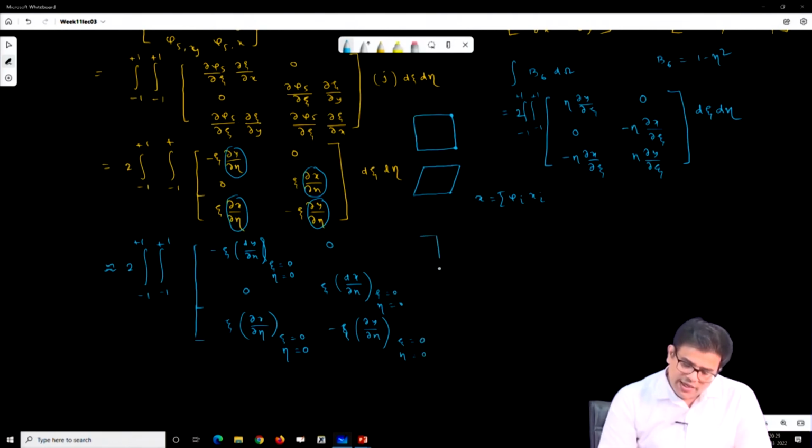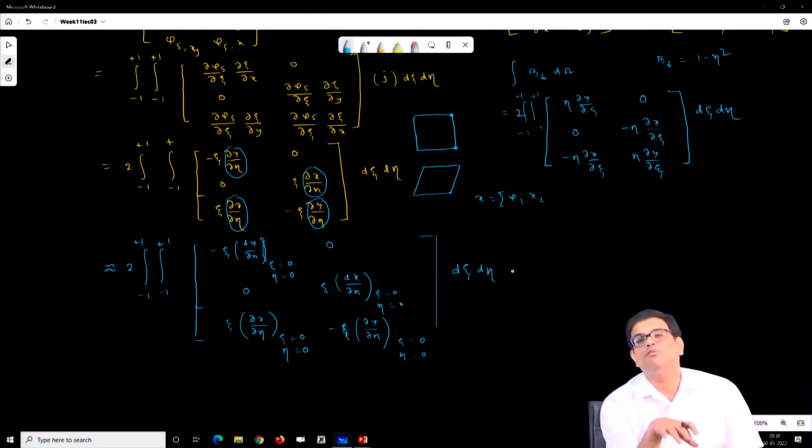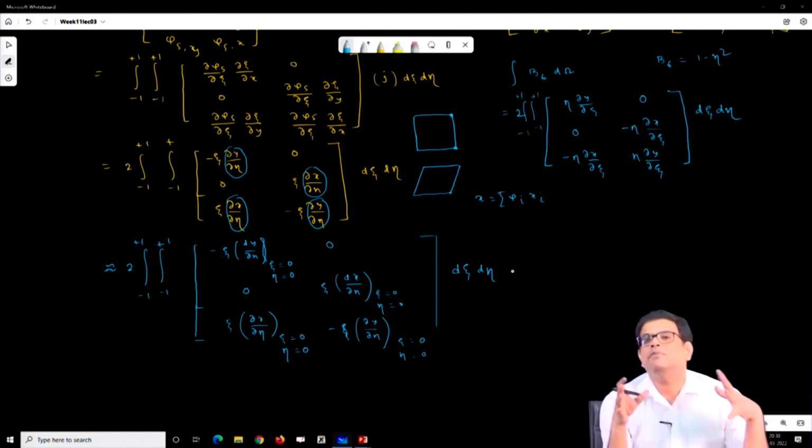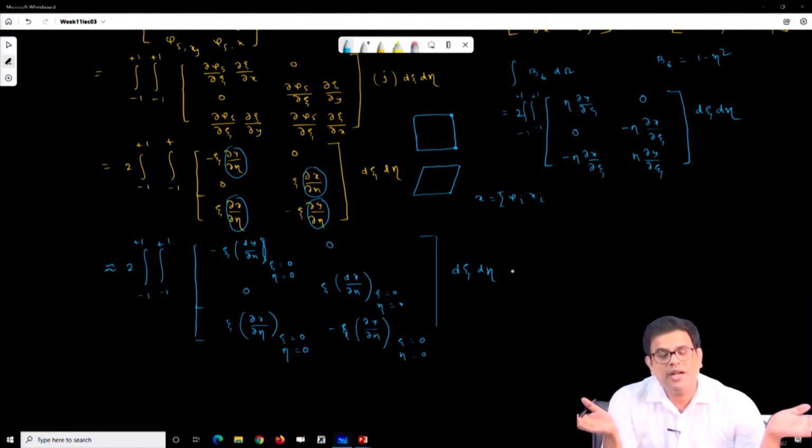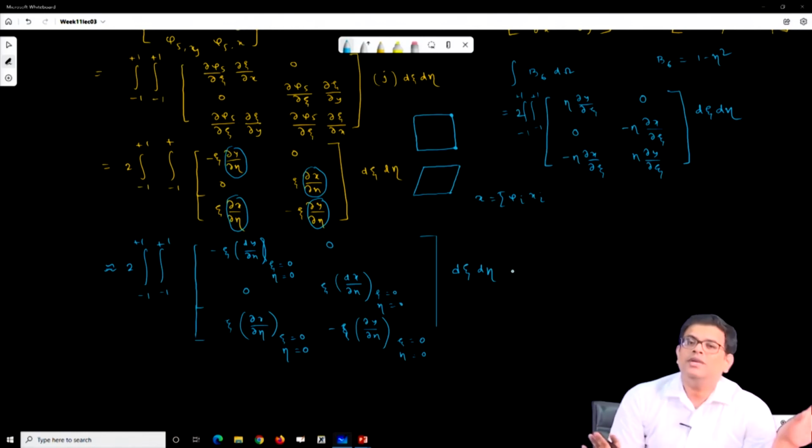So this is what he calculated, and naturally this will be 0 if you put in the linear terms. So that is applicable for all elements, for a rectangular element as well as any arbitrary quadrilateral. This will be simple.